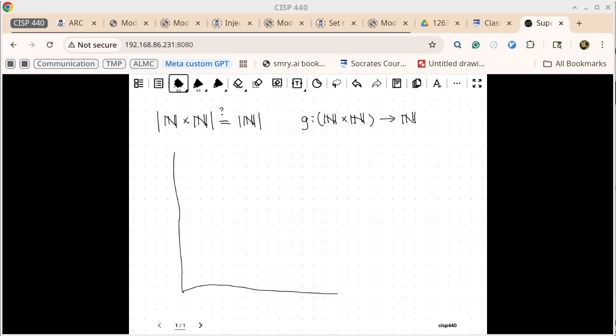If I draw a two-dimensional space like so, the first cell over here would be at coordinate 0, 0, and then the x-axis will be 1, the y-axis here would be 1, and this would be a 2, this would be 2, this would be 3, 3, 2, 1, 0.